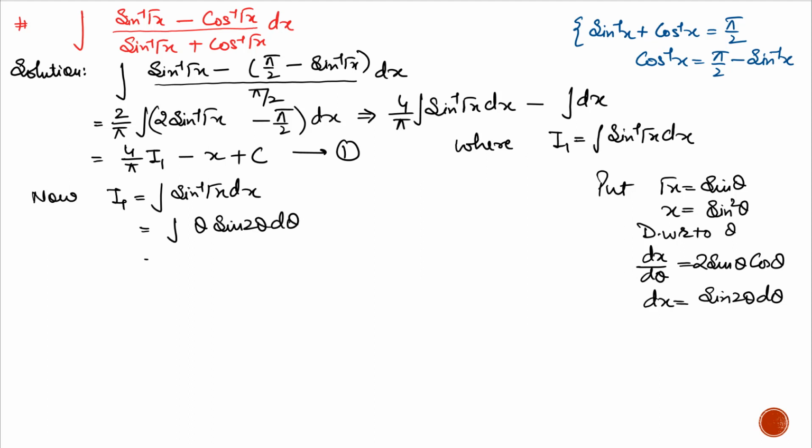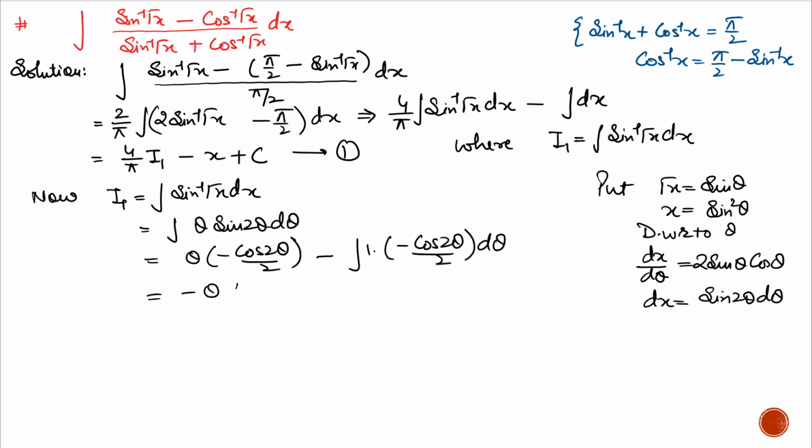Now we solve by parts, taking theta as the first function and sin 2 theta as the second function. First function as it is, integration of second, minus derivative of first, then integration of second. In the second part, we again integrate and we get minus theta cos 2 theta by 2 plus 1 by 2 outside, sin 2 theta by 2 plus c.